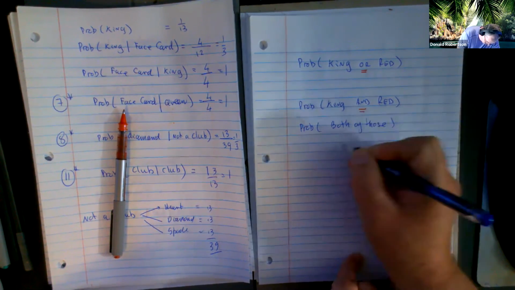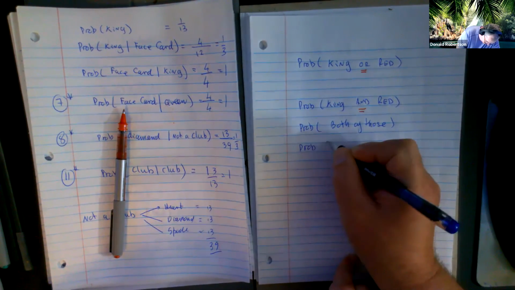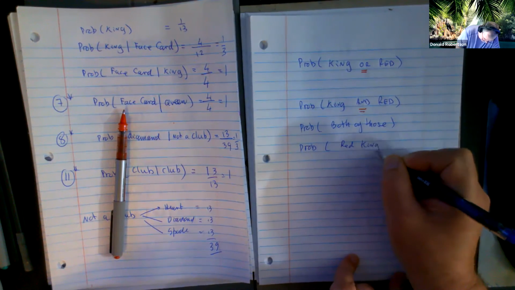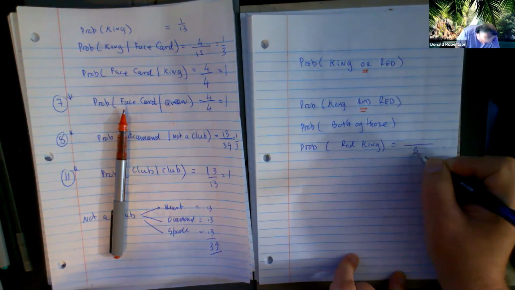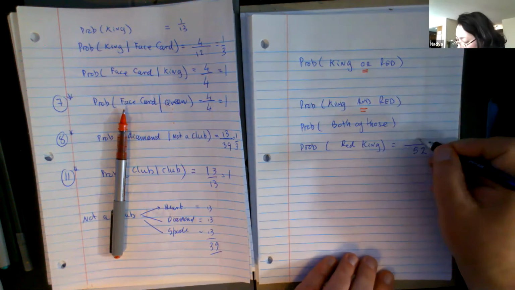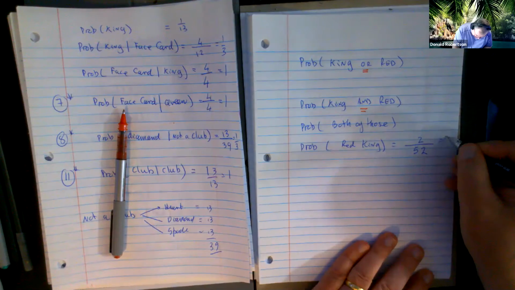So, that would be, what's the probability that you pick a red king? Well, I know there's 52 cards in a deck, but how many of those are red kings? There are 2 red kings. So the answer is 1/26.